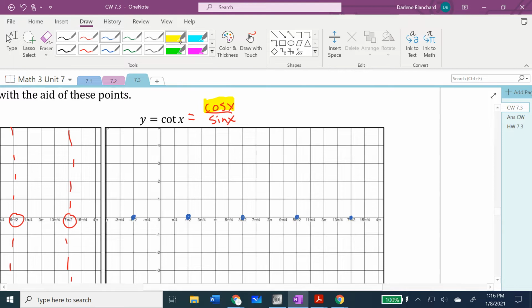And everywhere that sine is equal to 0, cosine is equal to either 1 or negative 1, and I'm getting an infinity situation. And that's going to create vertical asymptotes at the places where sine is equal to 0, which is 0, pi, 2 pi, 3 pi, 4 pi.